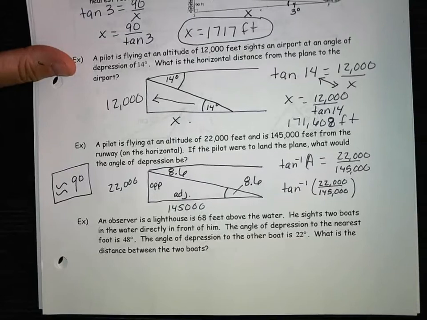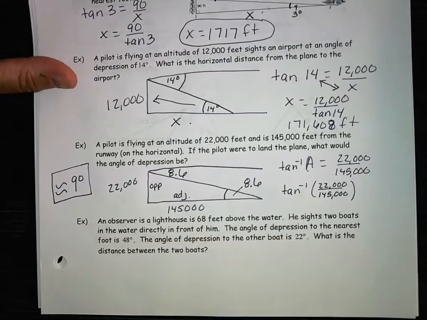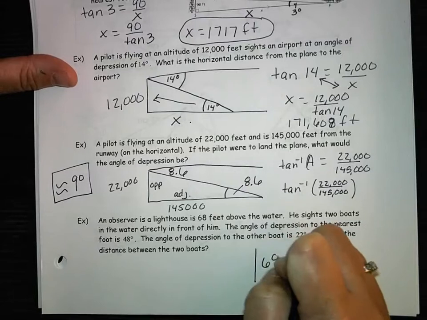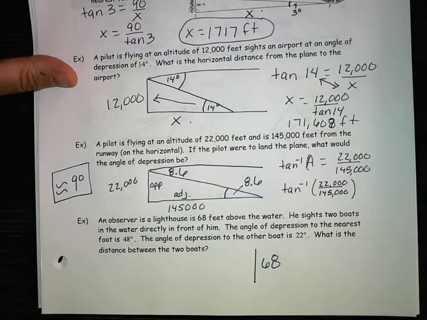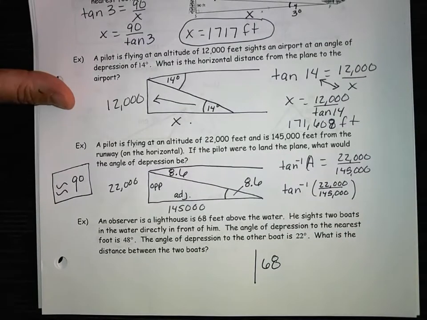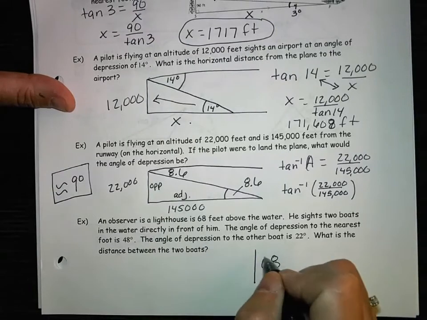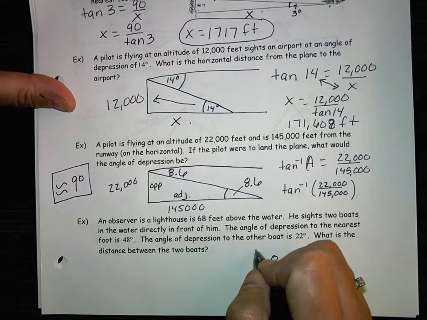An observer at a lighthouse is 68 feet above the water. So here's our lighthouse, 68 feet above the water. And he sights 2 boats. One, the angle of depression is 48 degrees.